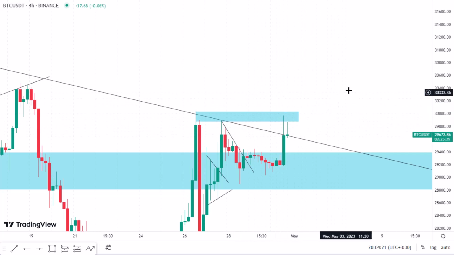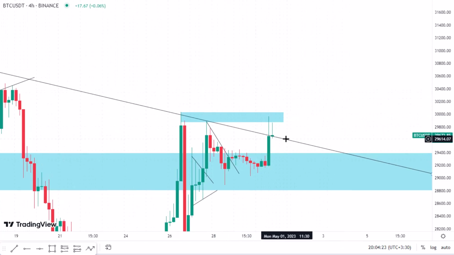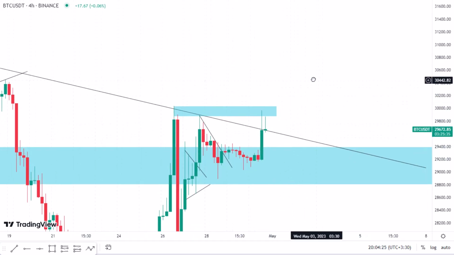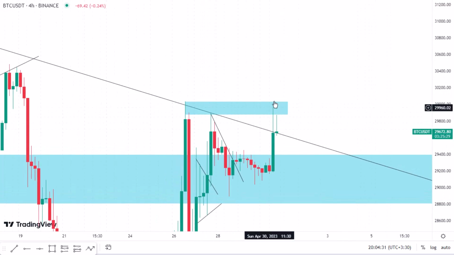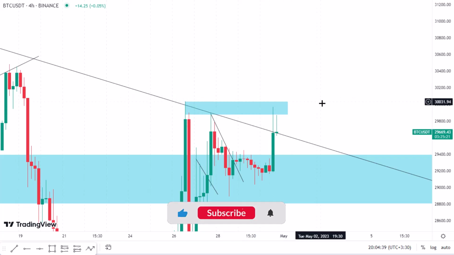If you ignore this trend line here, sorry, we have this resistance for the price too, which the price is reacting to, making some shadows from upside, showing that the buyers are getting weaker and sellers are coming in.